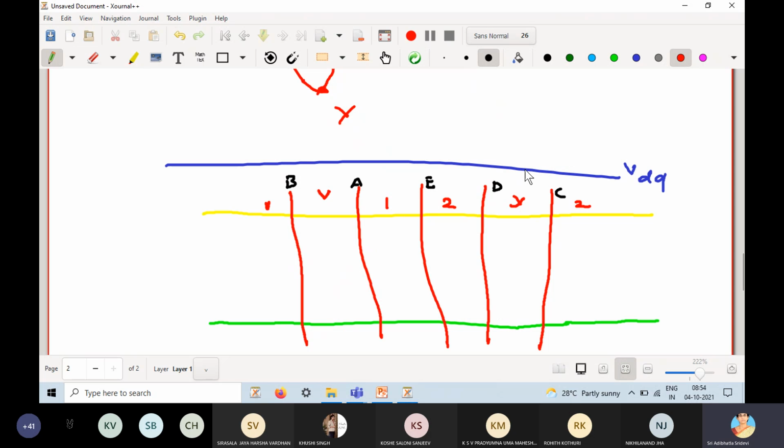Then what I have to do is, see, V. V means supply, right? So this I'm joining with supply. Then the 1s I will join, and the 2s I will join like this.